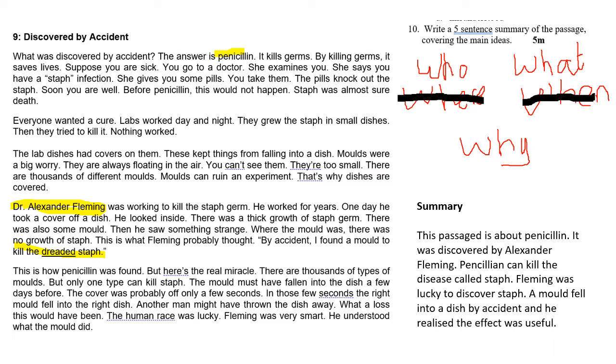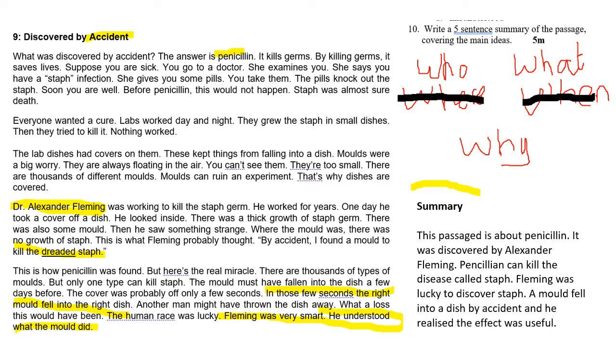Well, it says it was an accident. It says here that it was an accident, that the right mold fell into the right dish. It was not planned. It says that Fleming was smart and he understood what the mold did. Let's put this into a summary. Now look at my summary.